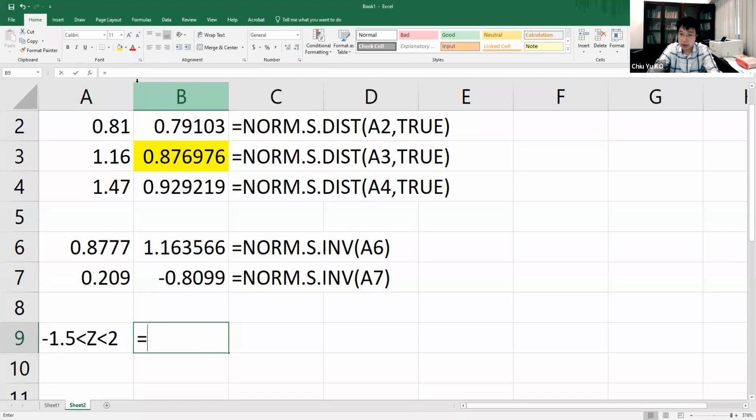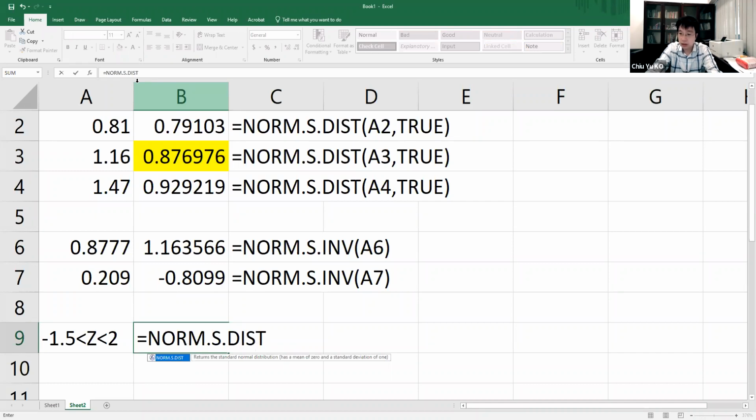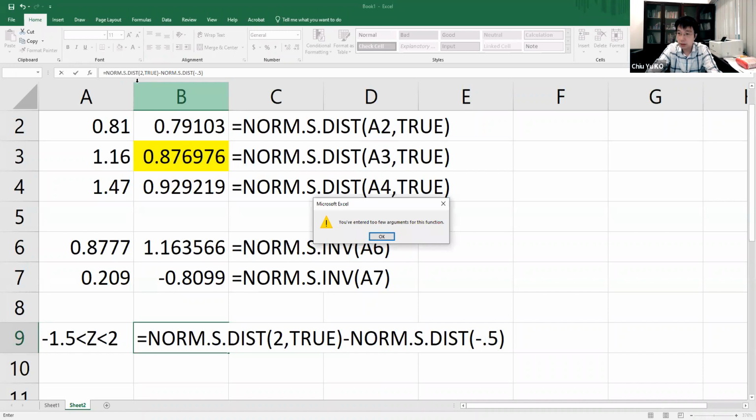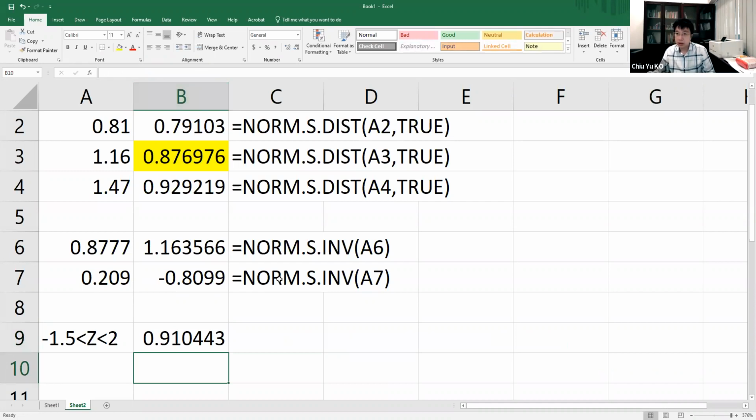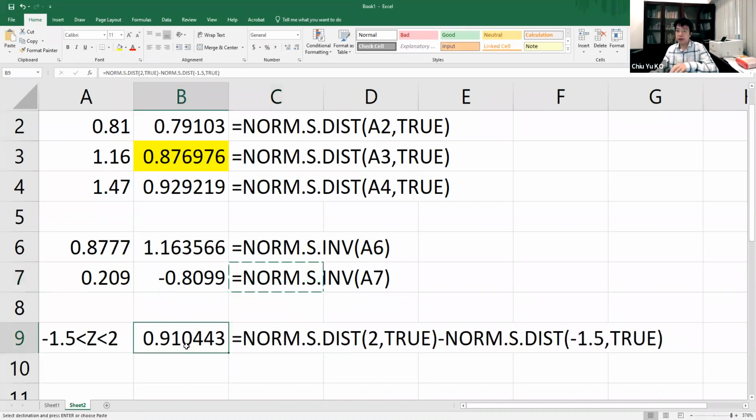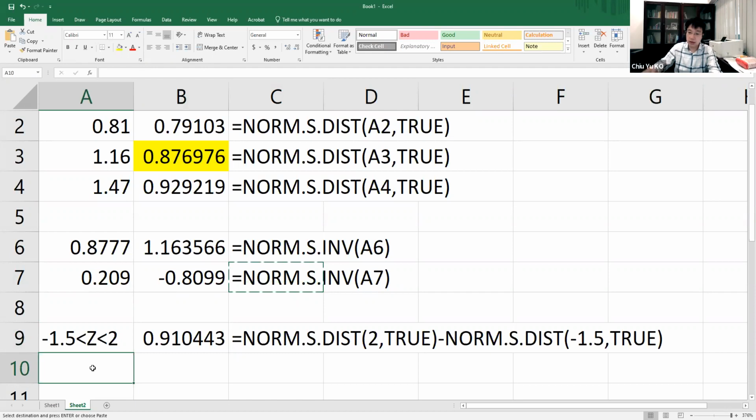So that is NORM.S.DIST 2, TRUE, minus NORM.S.DIST negative 1.5, TRUE. So it's F(2) minus F(negative 1.5). So this is one way to do it.